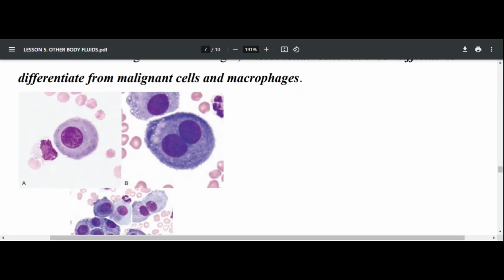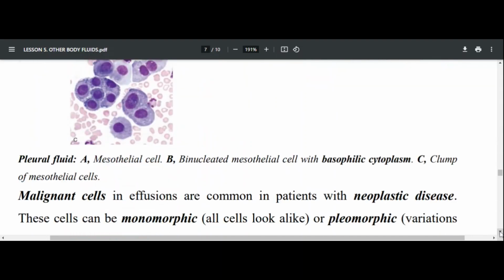Plasma cells are seen, for example, looking like this, and they are also known to have abundant blue cytoplasm because of the process going on, but they are not really multinucleated.